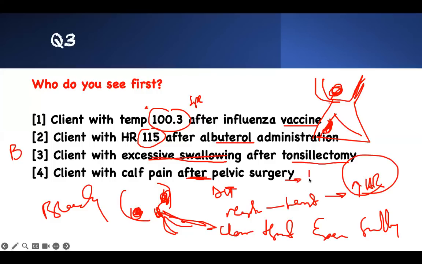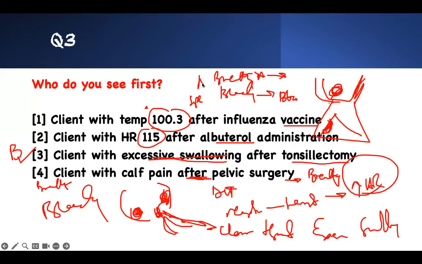DVT is what? It's a breathing problem. The emboli go to your lung and become pulmonary embolism. And this is a problem. So we have a breathing problem, and then we have a bleeding problem. What do you think? Your breathing is related to your airway, and you have bleeding. I can give you some blood, but when you're not breathing, you die.